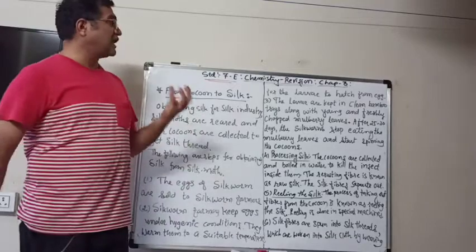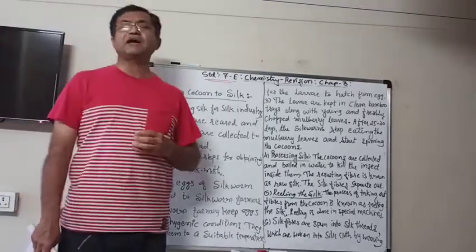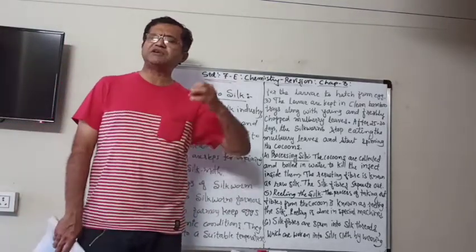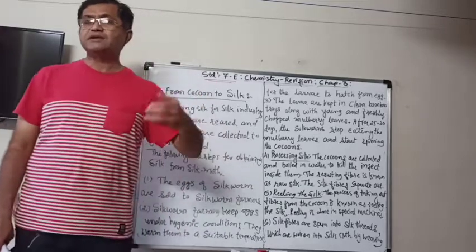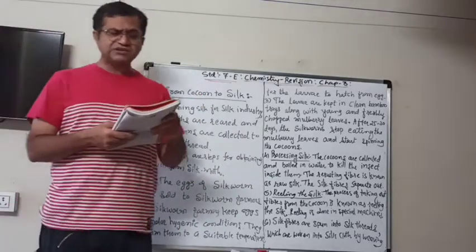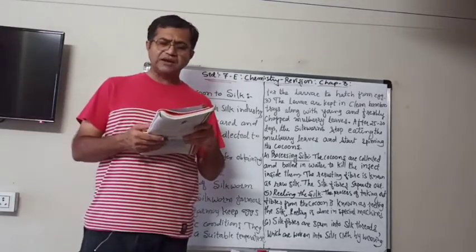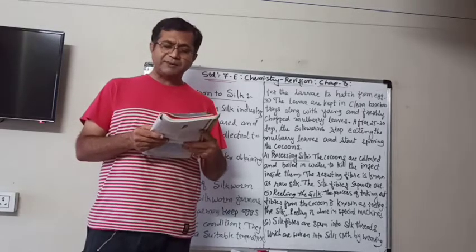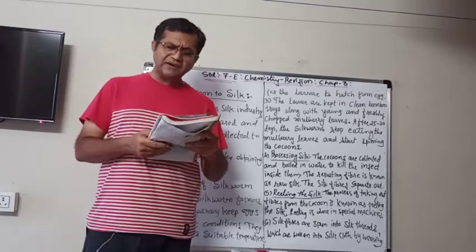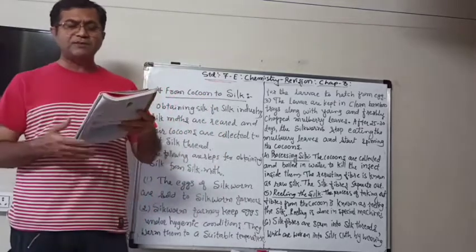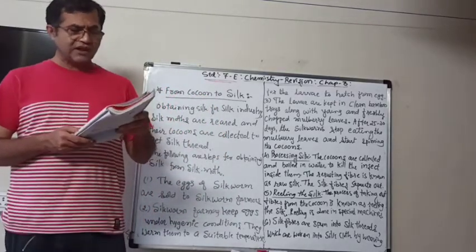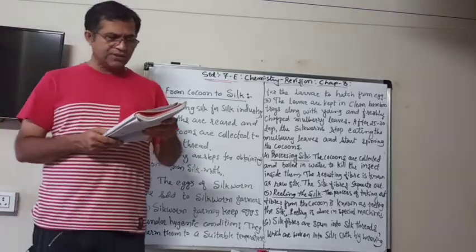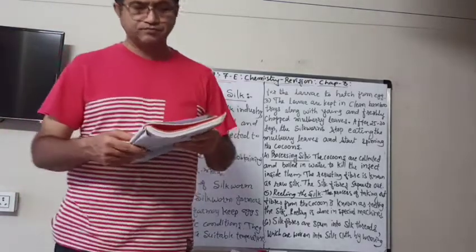So now the larvae are eating those mulberry leaves. They are eating too much and increasing in size by a very big amount, as we can see in the figure here.